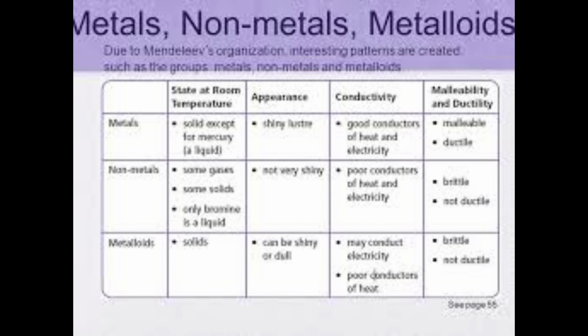Now we are going to see what are the exceptions in physical properties. Electrical conductivity. We have studied that non-metals do not conduct electricity, but carbon is a non-metal, it is an exception. Carbon in the form of graphite can conduct electricity. Lustrous.